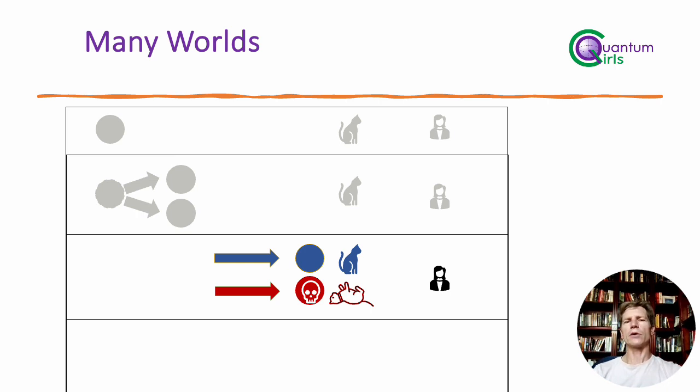Then the effects of that particle make their way to the cat, and then the cat is either alive or dead, depending on which of those outcomes occurred. But to the cat, there's a cat that is either alive or a cat that is dead. So from the cat's perspective, in each case, there's only one outcome.